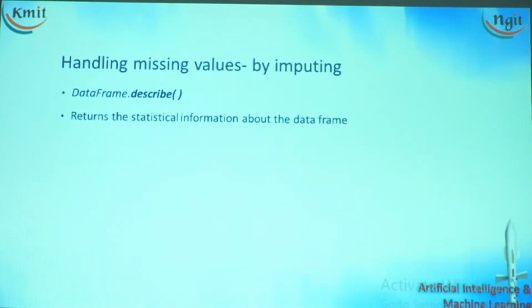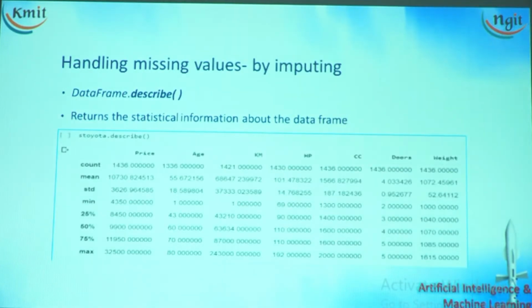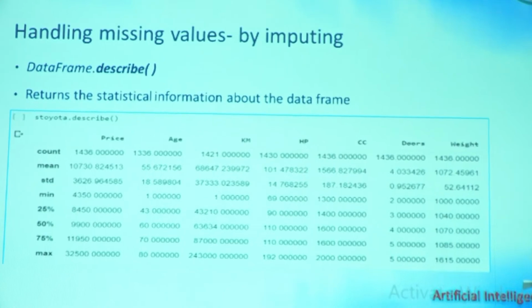Your data set name dot describe method will give you various things, a statistical description of your data set. So if you see here, what you got in your data set, you got count, and then you have got the mean, standard deviation, minimum value. Now what are all these 25%, 50%, 75%?